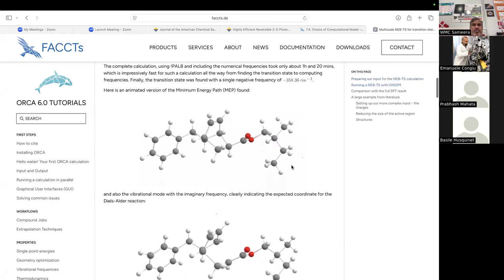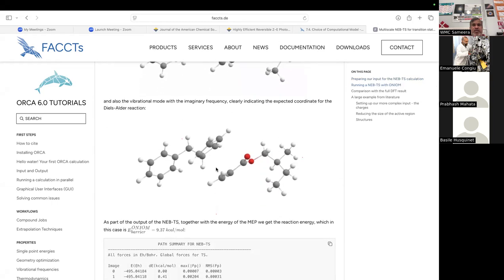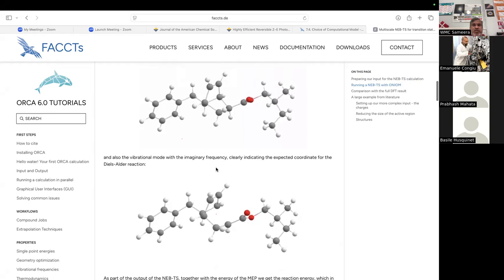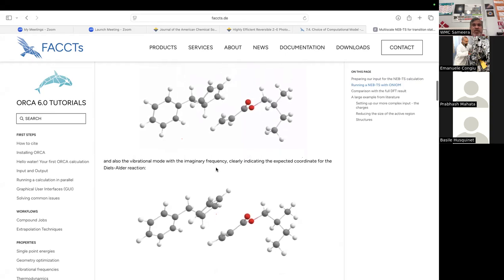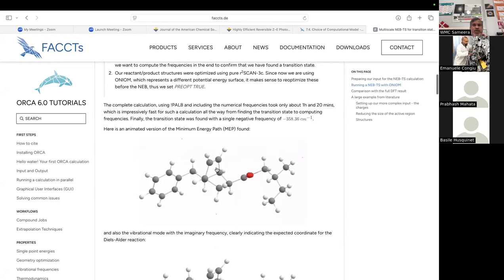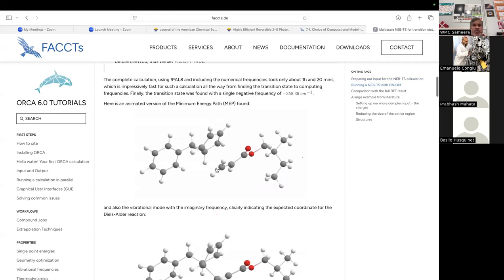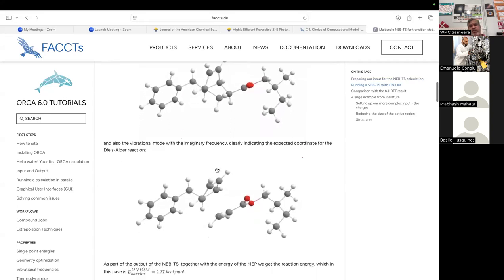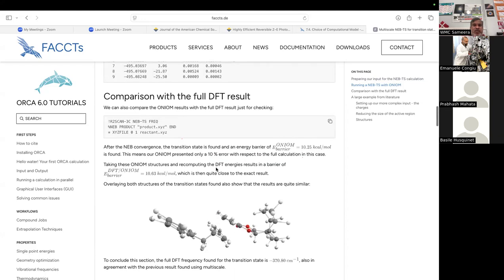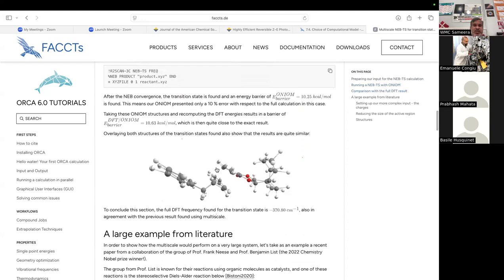And you can see transition state calculations through an NEB approach. And then, of course, you can do IRC calculations and get the reaction barriers. So ideas are the same as before, okay?